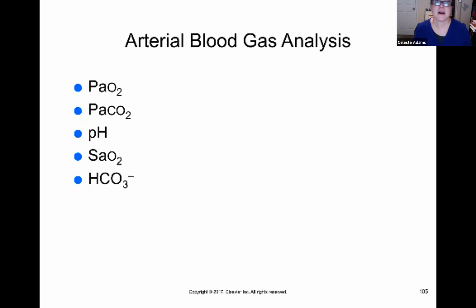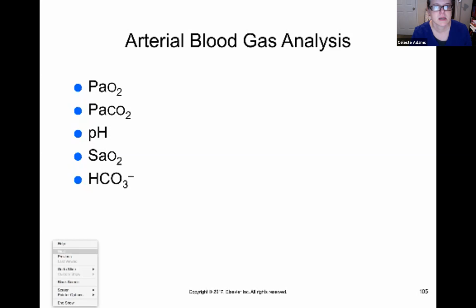And you will have a couple of ABG problems on the test that you'll have to decipher whether it's metabolic acidosis, metabolic alkalosis, respiratory acidosis, or respiratory alkalosis. We'll go over that.